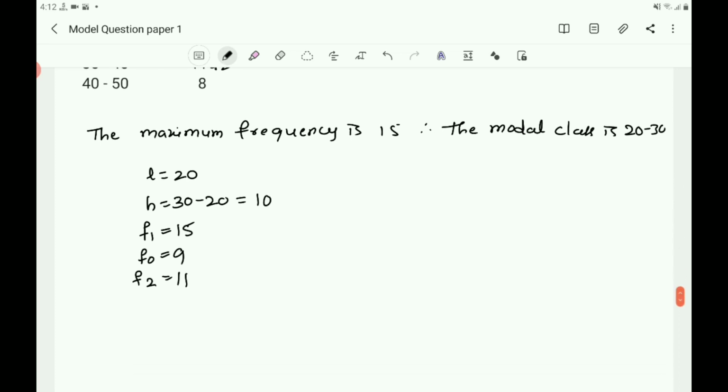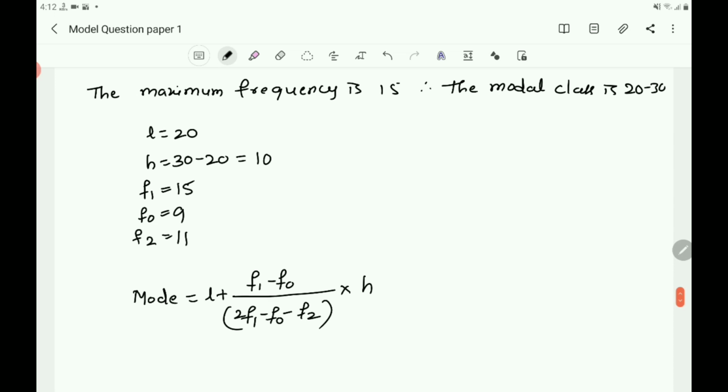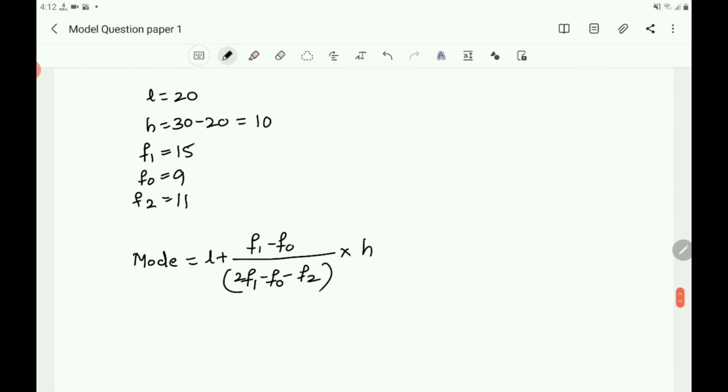Now you write the formula for the mode. You know the formula. Mode equals L plus (F1 minus F0) by (2F1 minus F0 minus F2) into H. You must know the formula.